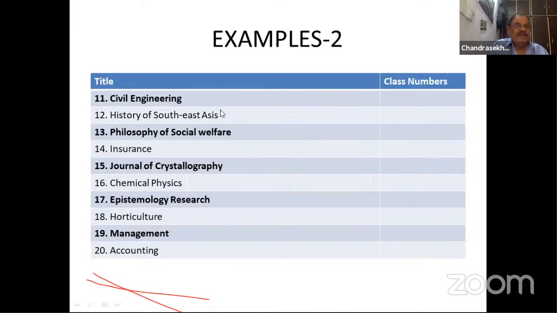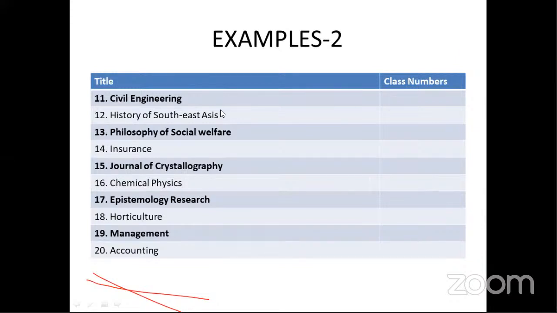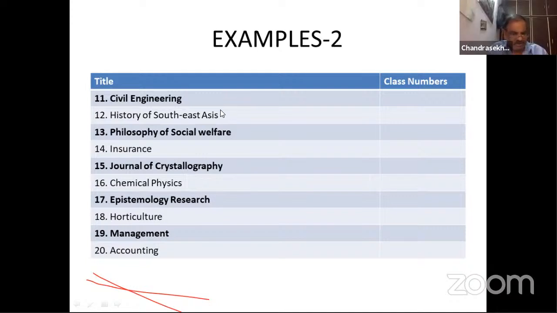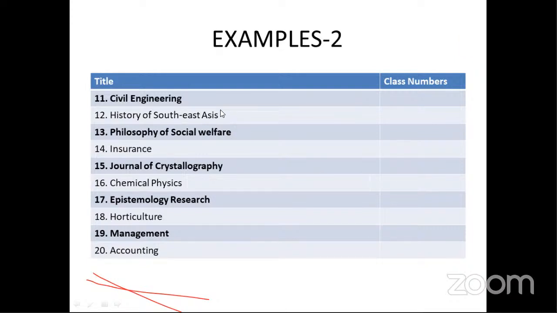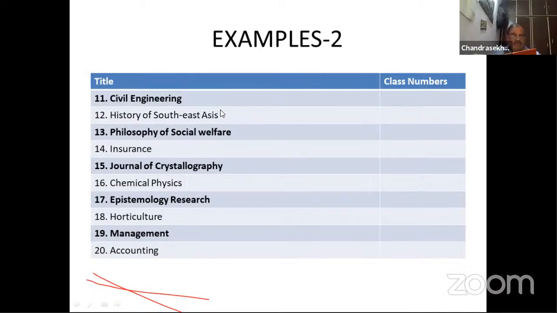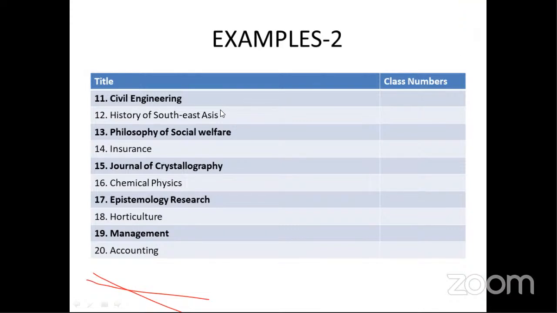Then philosophy of social welfare, title number 13. So you note down numbers. Social welfare is an aspect in social sciences. Social problems and services and associations, 360.